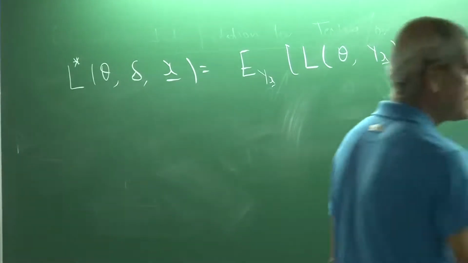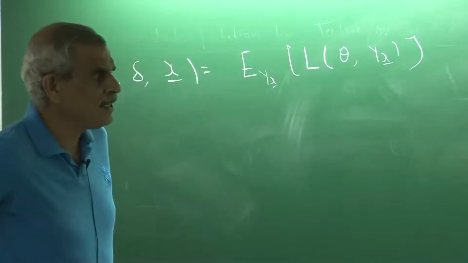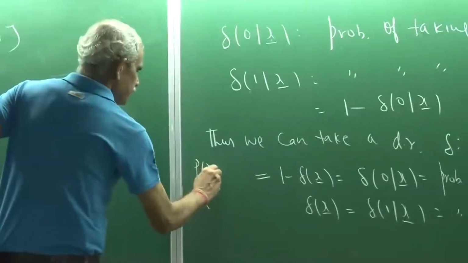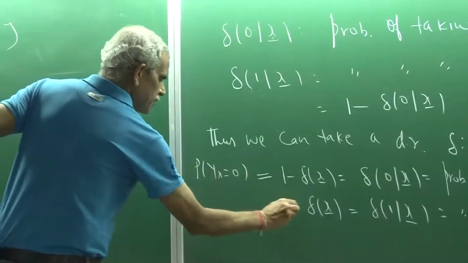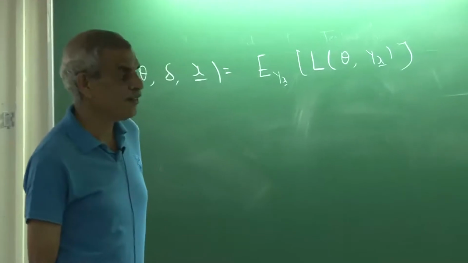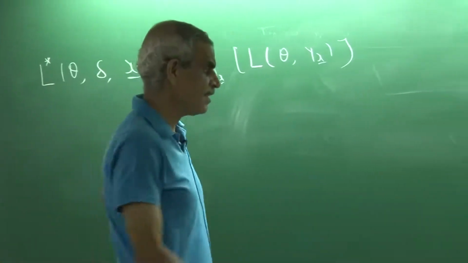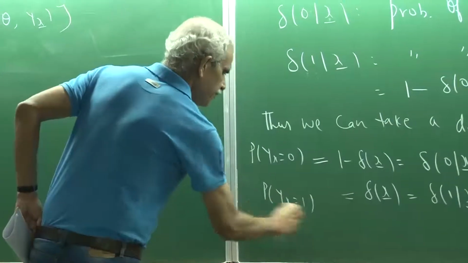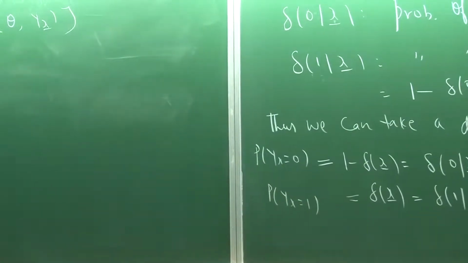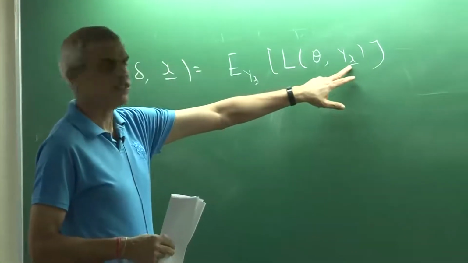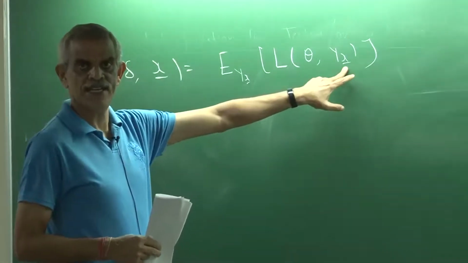Now this 1 minus delta(x) is what? It is the probability of taking action 0. So this is the same as the probability that Y_x is equal to 0. And what is delta(x)? Delta(x) is the probability of taking action 1 given x, when x is observed. So this is the same as the probability Y_x is equal to 1. So once I am taking the average with respect to Y_x, I see what are the possible values Y_x can take for a given x.